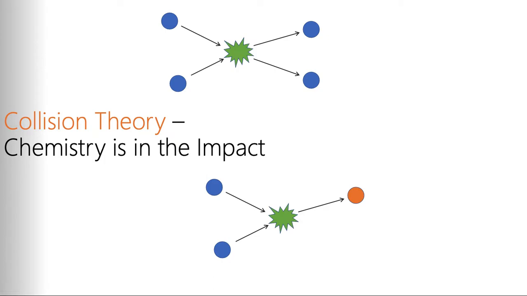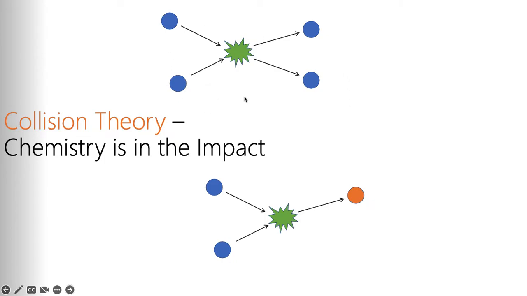For that to happen, these molecules of the reactants have to orient themselves in three-dimensional space in such a way to encourage the formation of new bonds. And if they don't do that, then they miss their opportunity. The collision will not be successful.